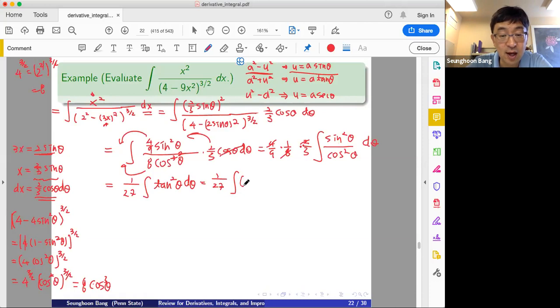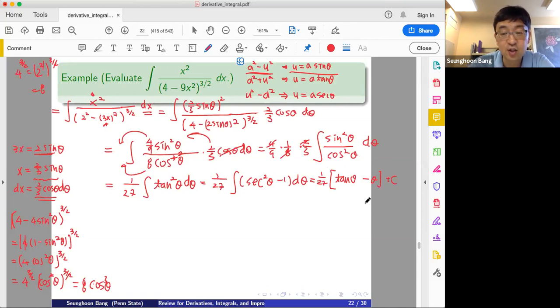Tangent squared of theta is the same as secant squared of theta minus 1. So d theta, so we have it. You can keep 1/27. The integral of secant squared is tangent theta, minus the integral of 1, which is only theta, plus c.